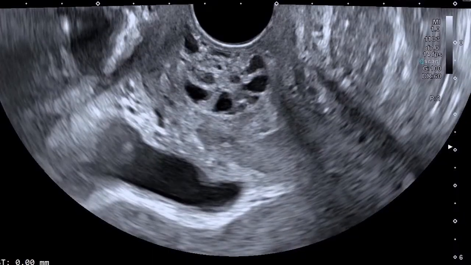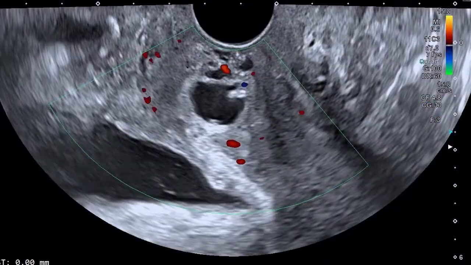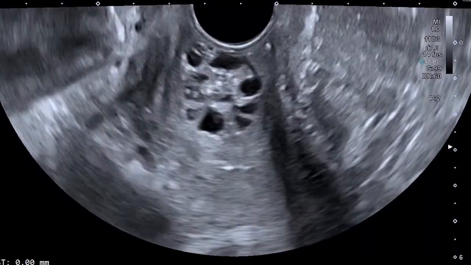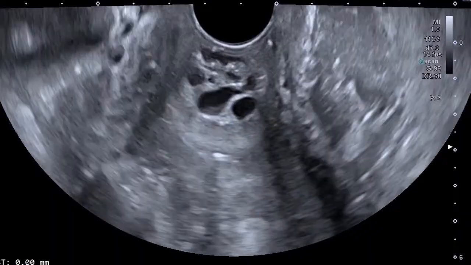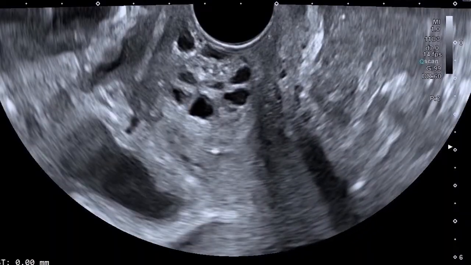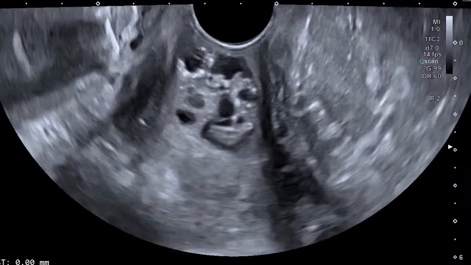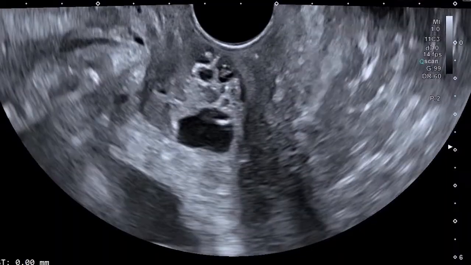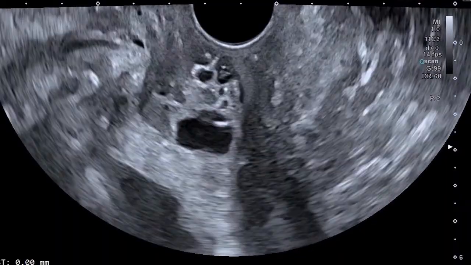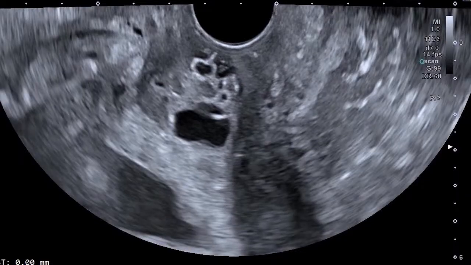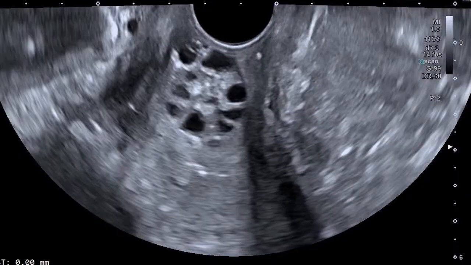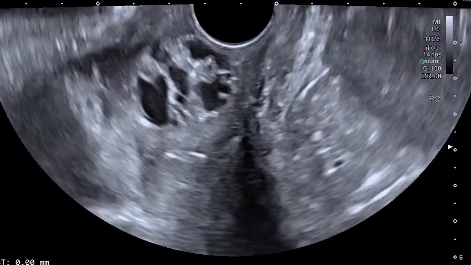You can see this. So what do you think this is, guys? This lesion there, what is this? That's just adjacent to the vagina, on the vaginal wall. There we have it. You can see it has got cystic components, cystic areas like that. What do you think this thing is? So let's do it together.